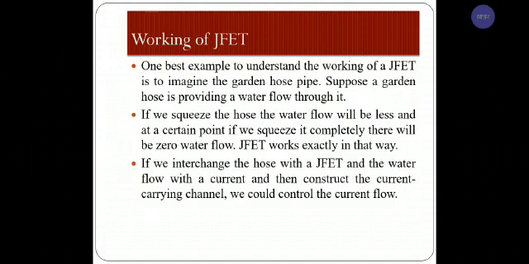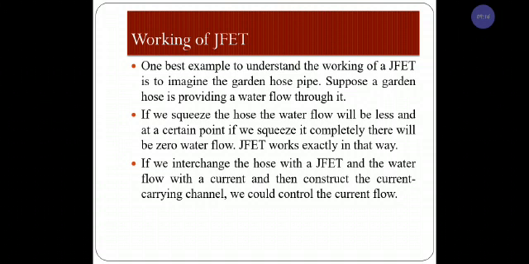Now let us see the working of JFET. One best example to understand the concept of the JFET is to imagine a garden hose pipe. Suppose a garden hose pipe is providing a water flow through it. If we squeeze the hose, the water flow will be very less.